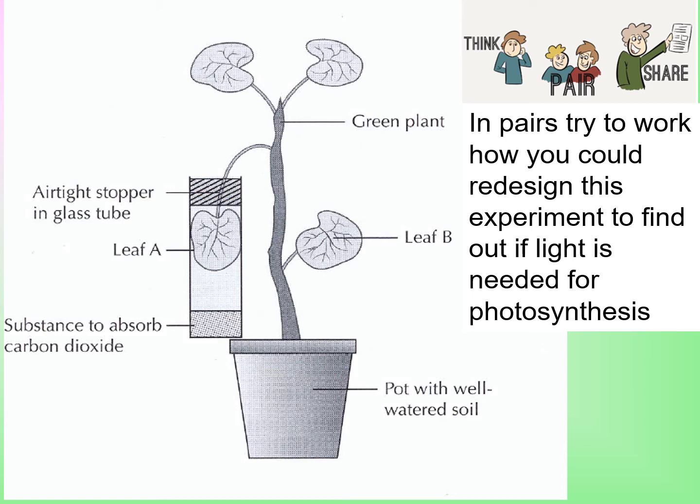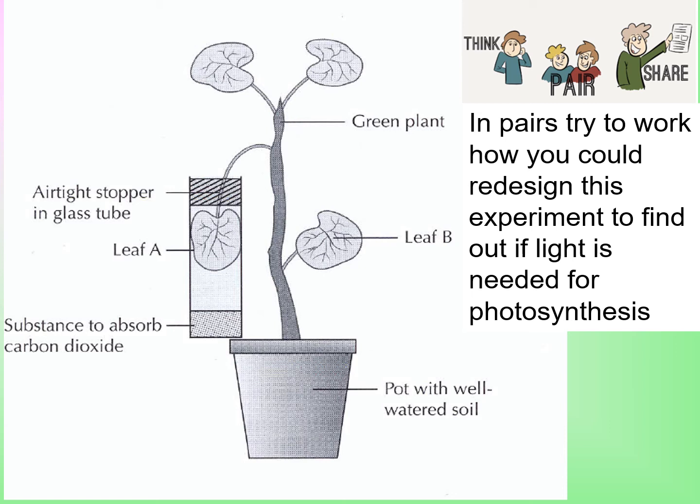Now leaf B would be a control. It'd act as a comparison. Leaf B would be able to carry out photosynthesis, but leaf A would not, proving that carbon dioxide is necessary. Now using this information, try to work out how you would redesign this experiment to find out if light was required.